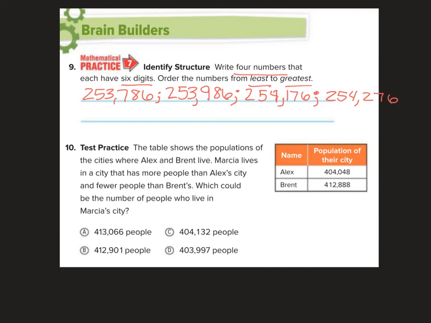There's four of them. They're all 6 digits, and they're ordered from least to greatest.